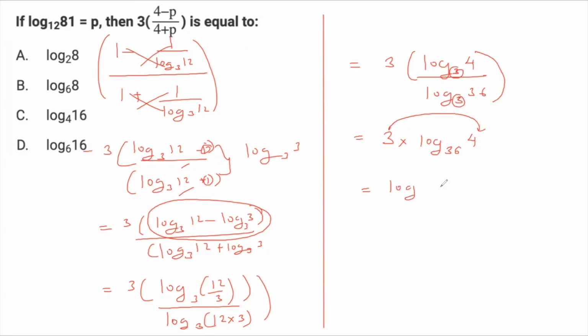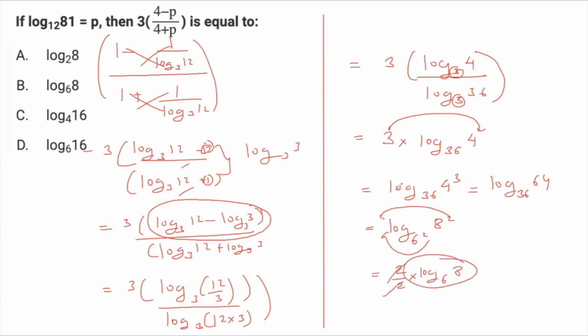So this is log of 4 cubed to the base 36, or this is log of 64 to the base 36. 64 is 8 square and 36 is 6 square, and we have log. So 2 comes in the numerator and 2 in the denominator. 2 upon 2 into log of 8 to the base 6 is my final answer. That is log of 8 to the base 6. Very clearly, this is my B option.